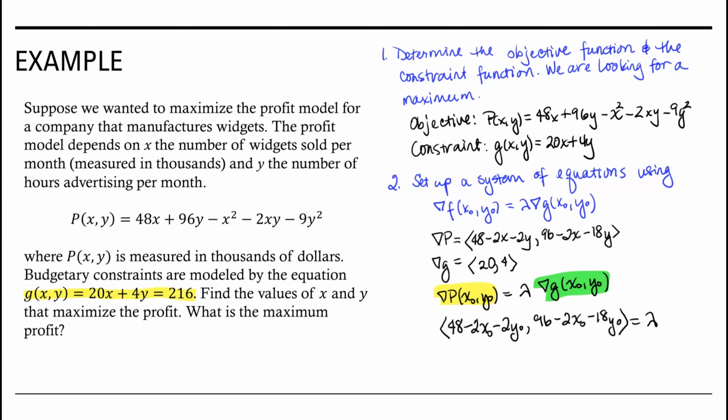So when I write this equation, the gradient of g piece is just going to be the vector 20, 4. We'll just quickly distribute this lambda throughout our vector so that on the right-hand side, we've got a vector with 20 lambda, comma, 4 lambda.